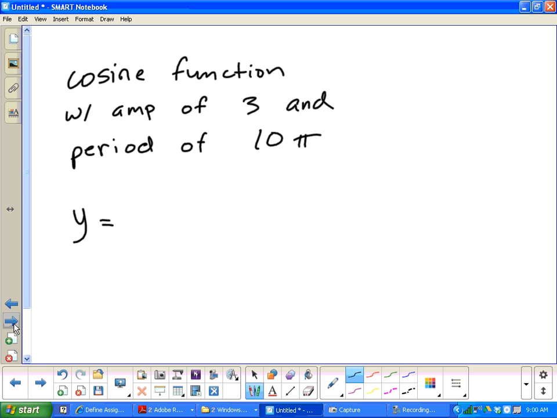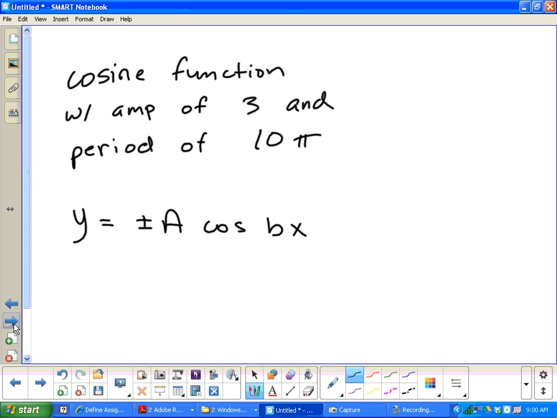So let's just do this for right now. Let's do y equals plus or minus a, obviously cosine, times bx. Now, that would fit that form, right? You kind of see what I'm saying? Because this form doesn't have vertical shift or phase shift. Okay?